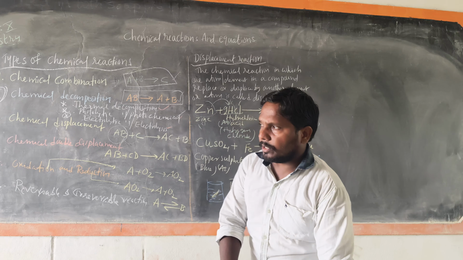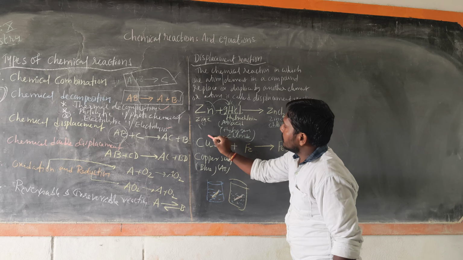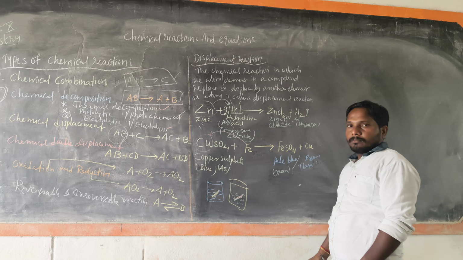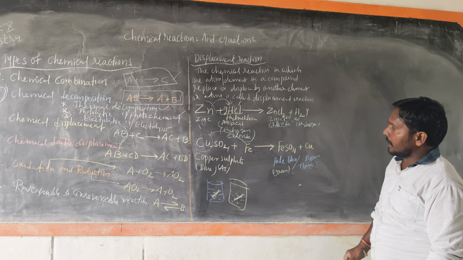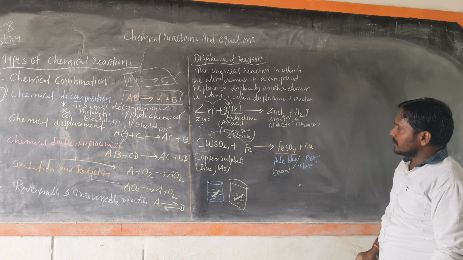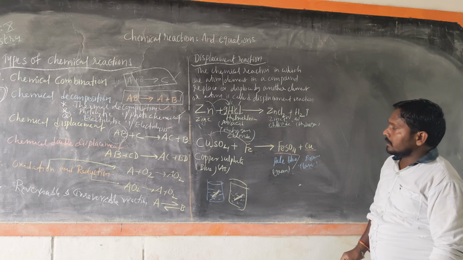So here observe that in copper sulfate, this copper is displaced by iron. This copper is displaced by iron and forms iron sulfate and copper. Right?